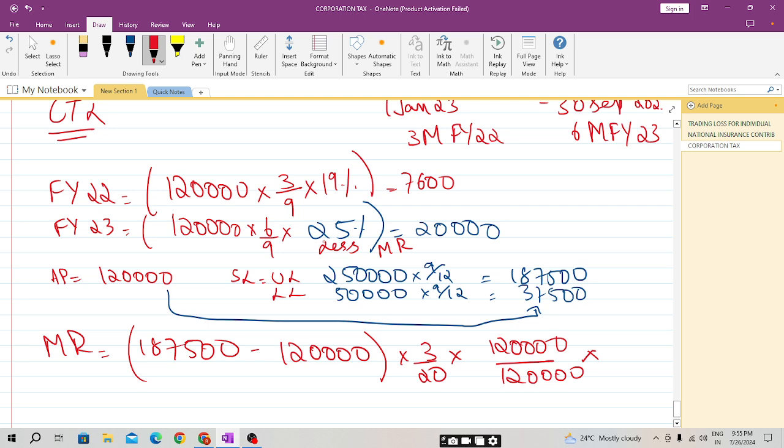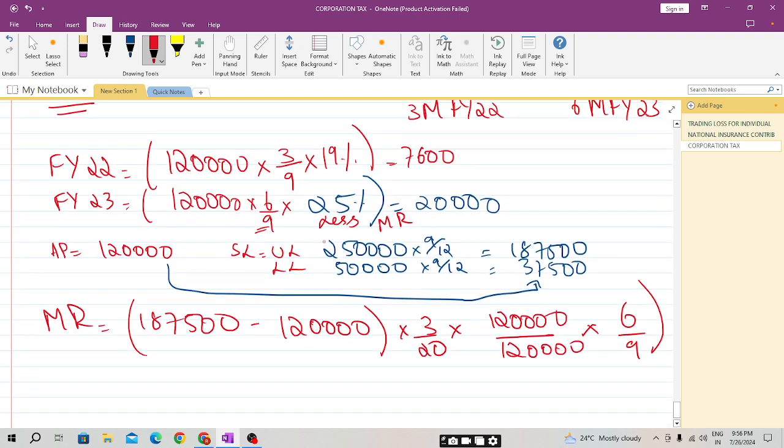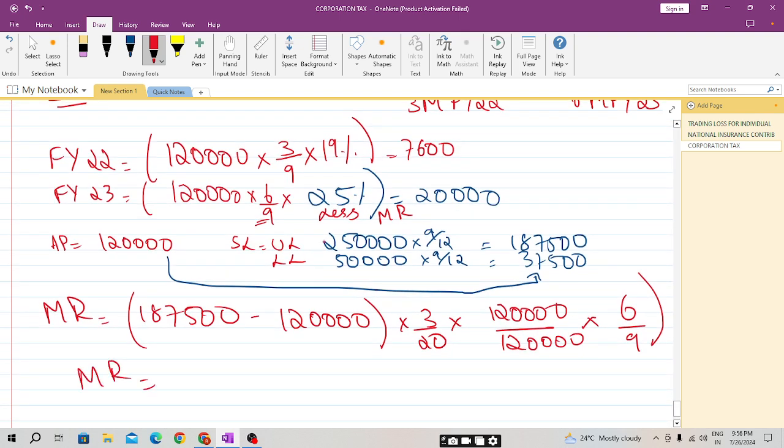The marginal relief here is only for the 6 months, students, so into 6 divided by 9, and the accounting period is also 9 months, so this will cancel. So 187,500 minus 120,000 gives 67,500, into 3 by 200 into 6 by 9.